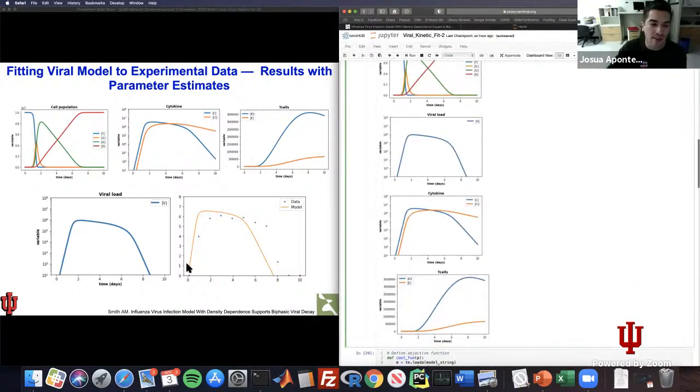But in general, we can see that our model is kind of fast just by looking at this. We can see that the model is fast at the beginning. The decay is much shorter, the slow phase is much shorter, and the decay rate is much faster.